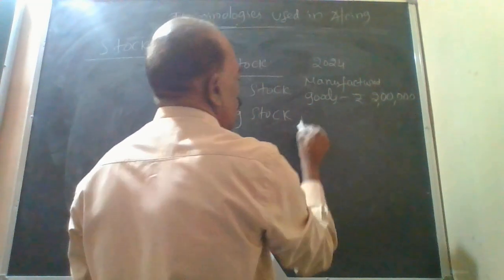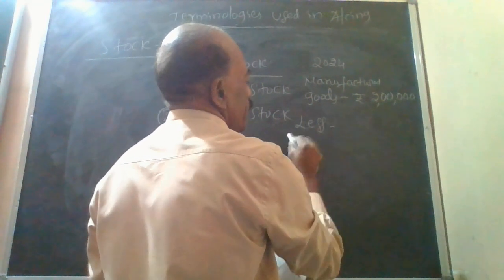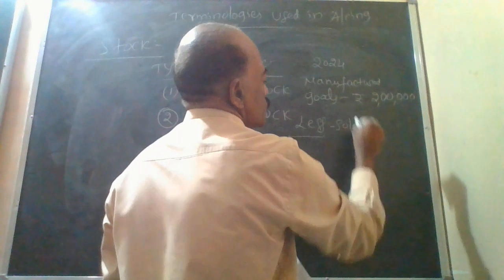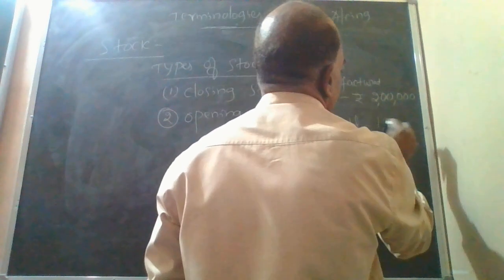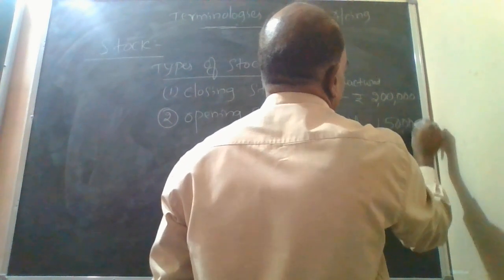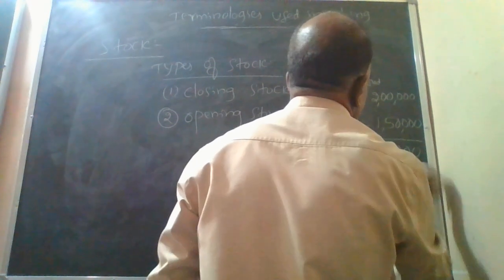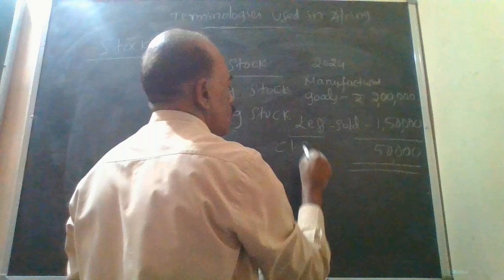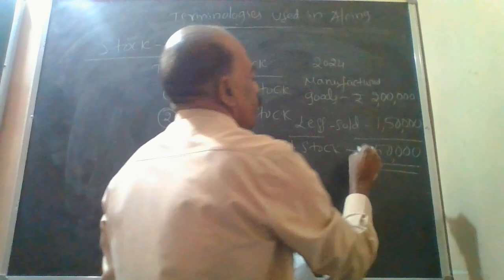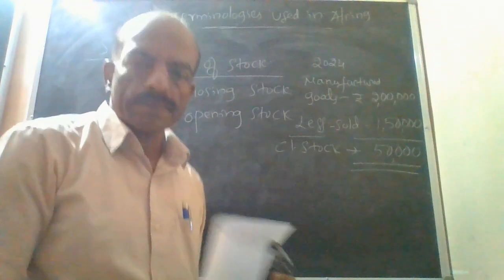In that, goods sold is 1,50,000. The remaining 50,000 is called closing stock.